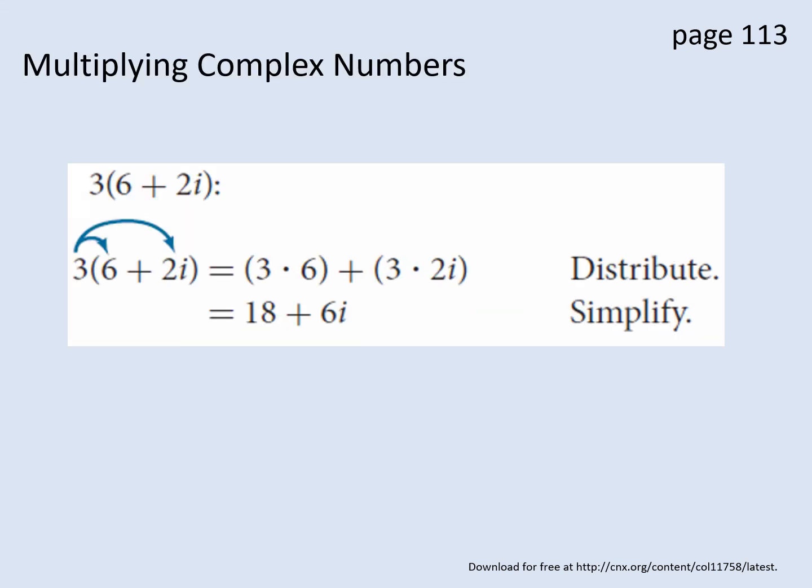Next we have multiplying complex numbers, which is just like multiplying regular numbers, except one of the terms includes i. So you have 3 times 6 equals 18, and 3 times 2i equals 6i. No real tricks here. This is just regular multiplication.